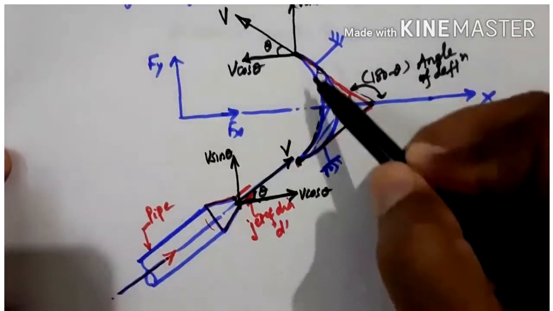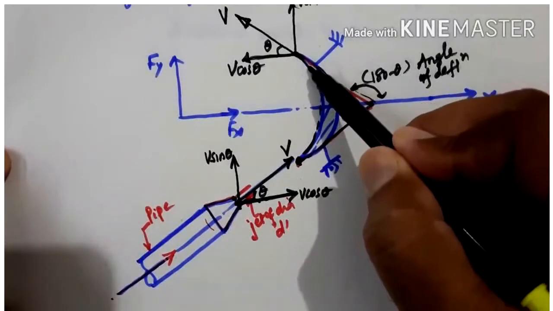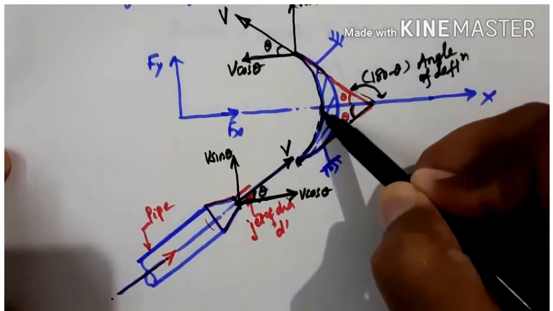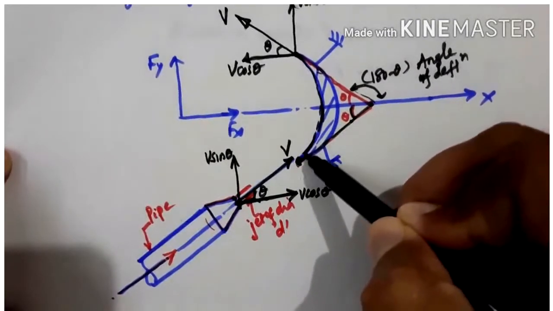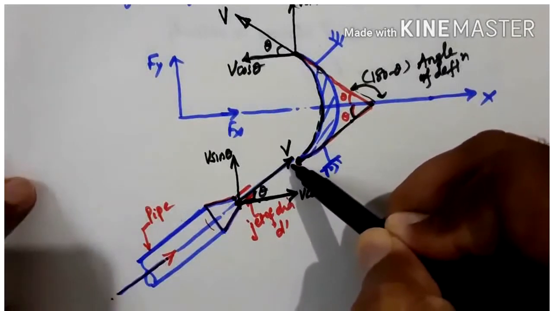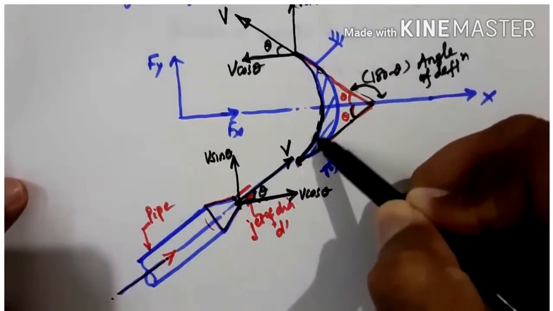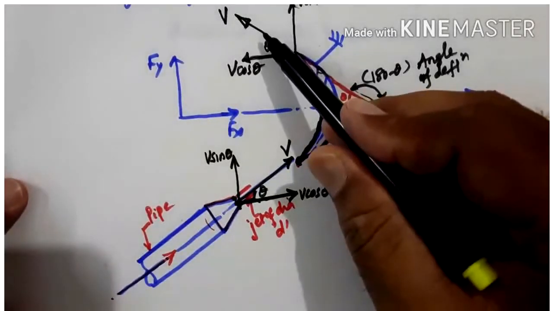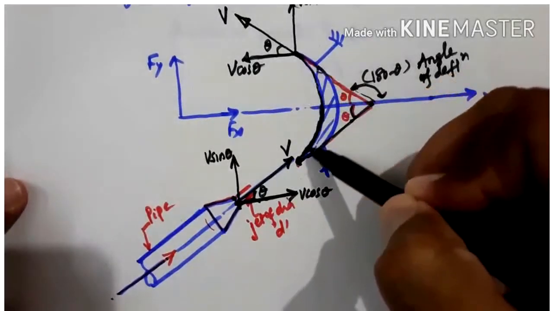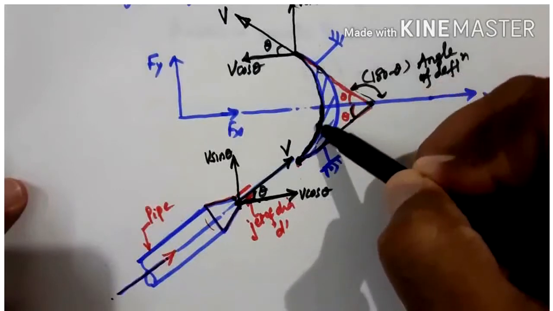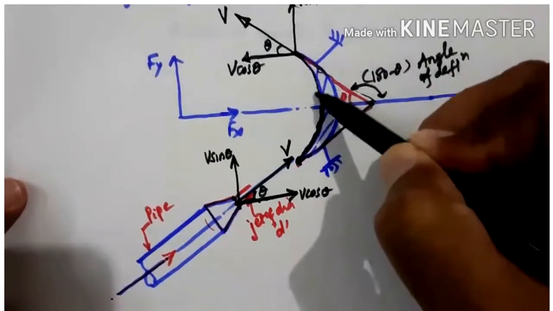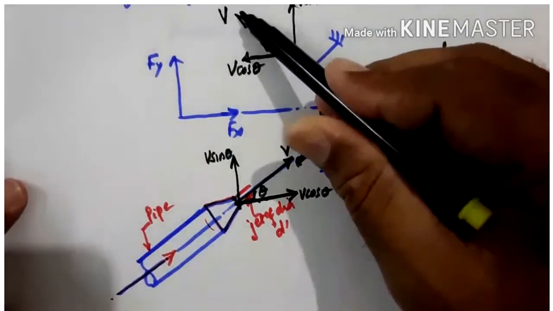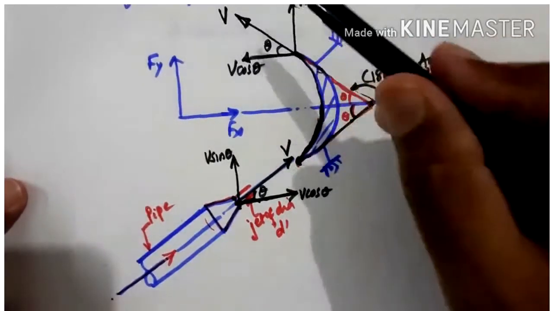Here you also have to assume that the inner surface of the vane is very smooth, and the moment the jet enters the curved vane, it glides over the surface, then exits without any energy loss or frictional loss. With the velocity it enters, with the same velocity it exits. That is the assumption you have to make.